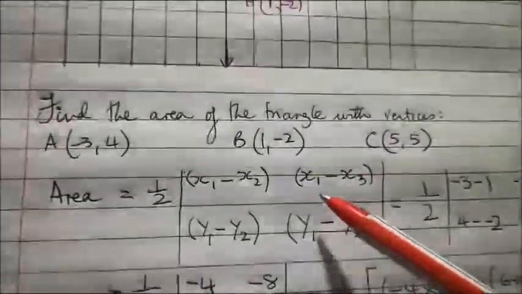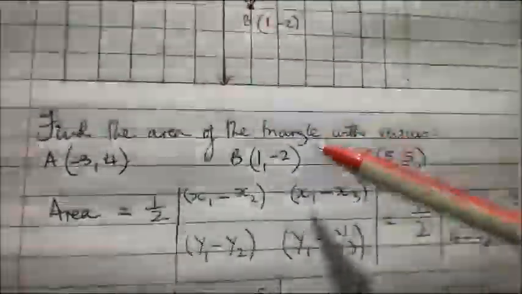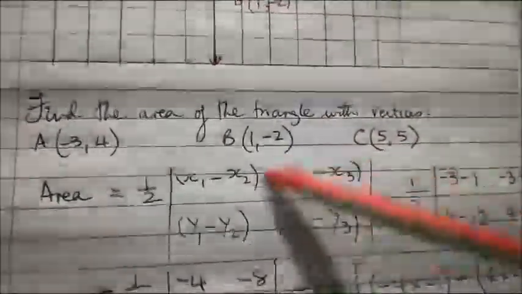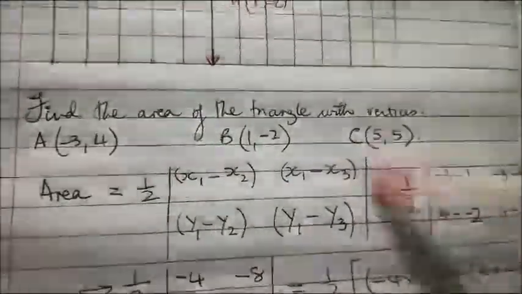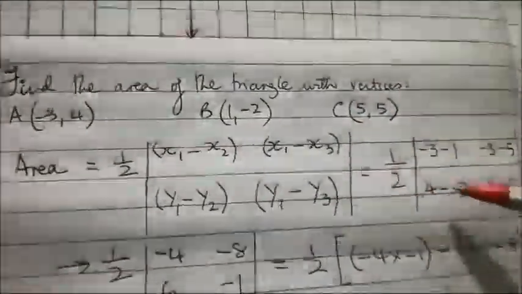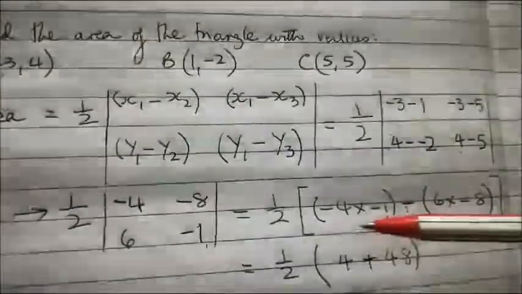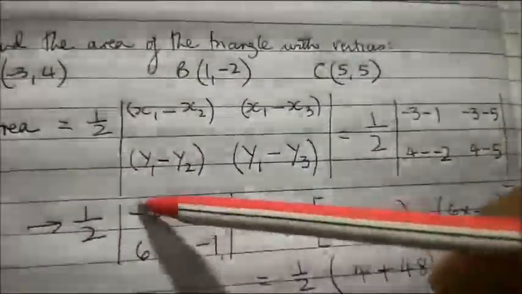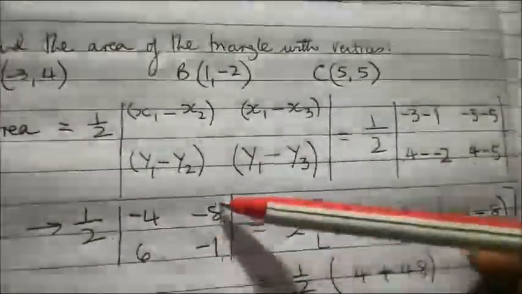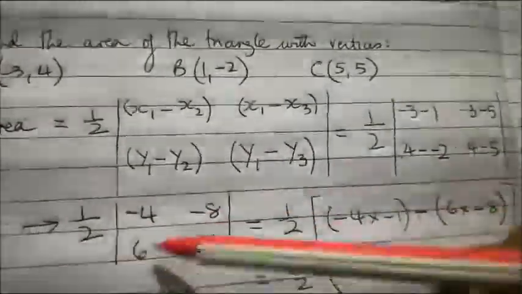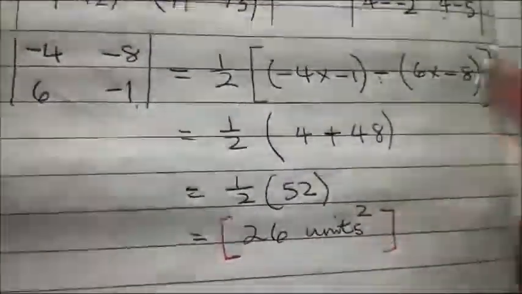This is just another method where we find half the determinant. The determinant is built when we use this formula. So whatever is in this bracket will become the determinant. And when we work with the determinant, we use the product of this diagonal minus the product of the other diagonal. And it boils down to this eventually, and this becomes the answer.